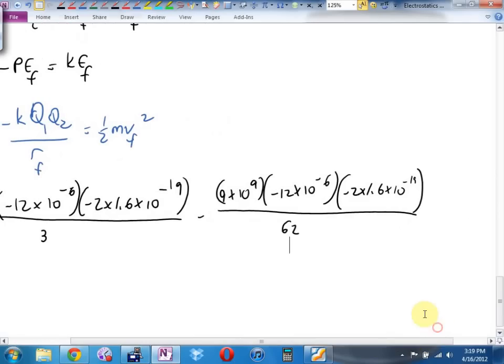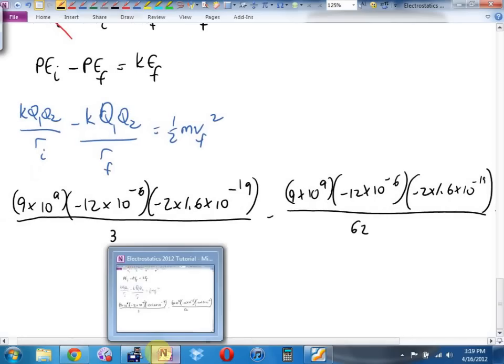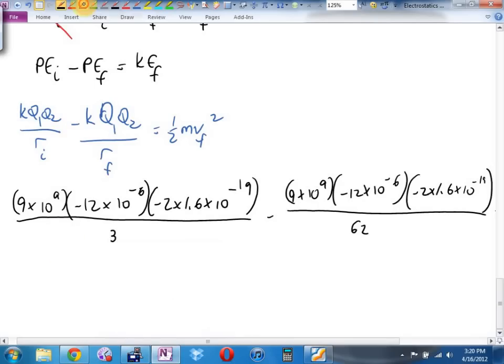Apparently this is going to equal a half mv final squared. I did this last year. Let me make sure I got the same numbers. Hey, I do. I think you get 5.946 times 10 to the negative 15 equals a half mv final squared.